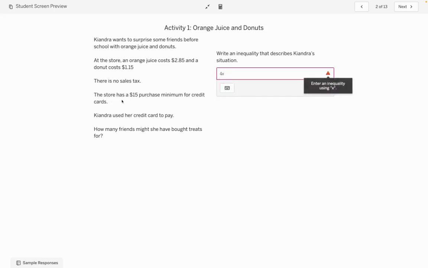Now it says here that the purchase has to be a minimum of $15, meaning that this 4x has to be greater than or equal to 15, meaning that it can be $15 or it can be greater than that. And I get my thumbs up on that one for being correct.